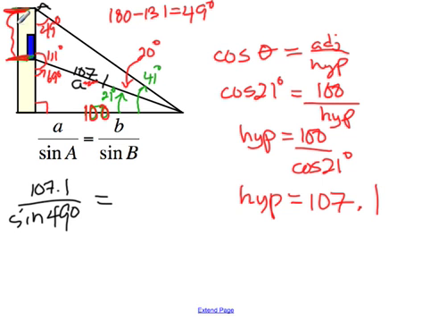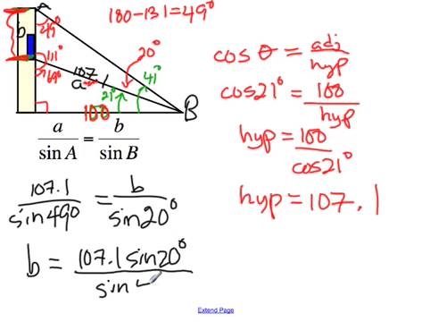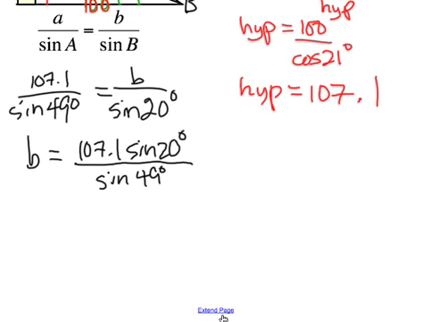Let's call that B. So this is side B and this is angle B. So side B I don't know, but the sine of angle B I know is equal to 20 degrees. Okay, again, with this one, B is equal to 107.1 times the sine of 20 degrees divided by the sine of 49 degrees. Hopefully you're comfortable with dealing with proportions like that and solve that. At this point, might as well solve it.